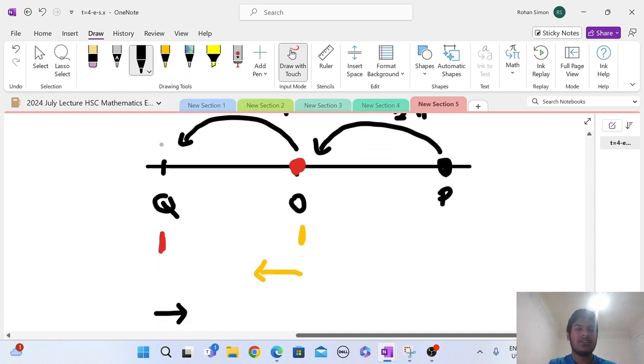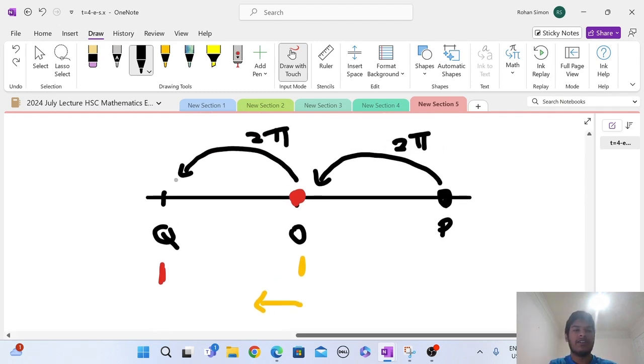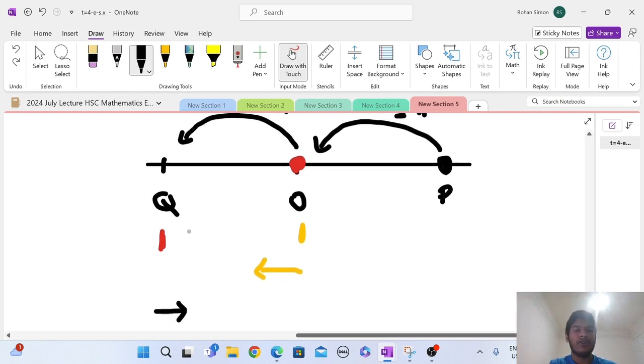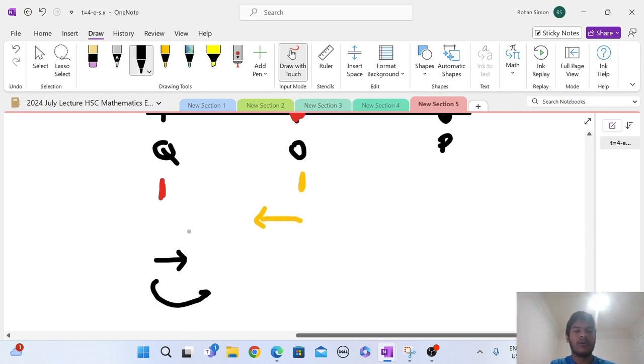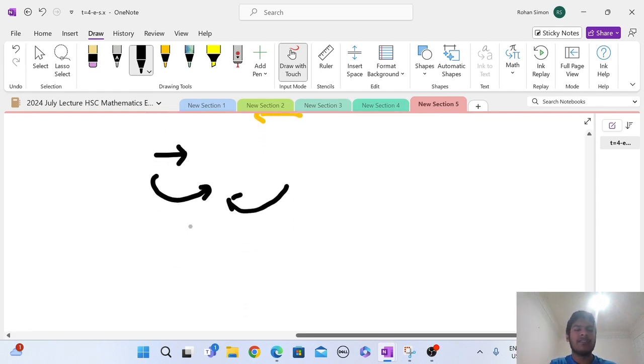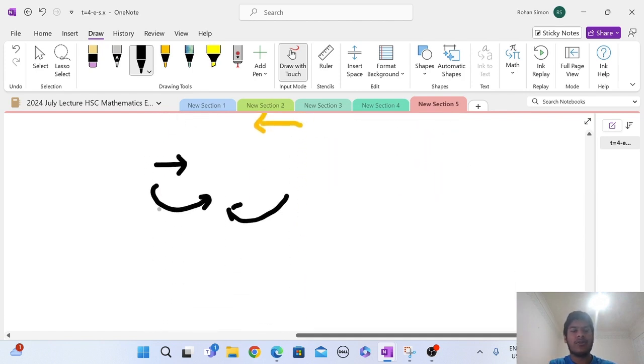Because of symmetry, they meet at the center of the time period, not necessarily at the center of motion in terms of the physical space. That means they meet on the journey back of the particle that was at Q and on the journey up of the particle that was at O. Because it takes 2 pi seconds to get here, halfway between them is going to be pi.